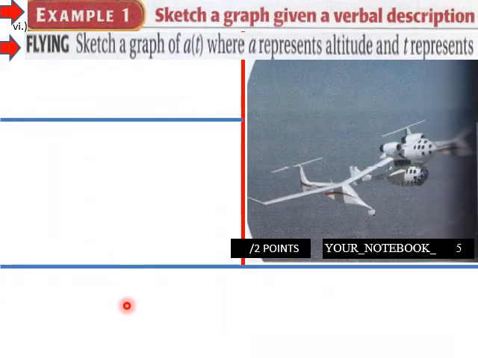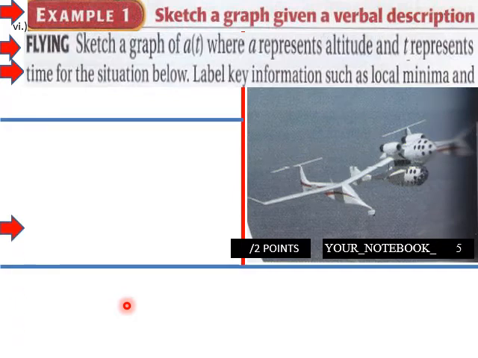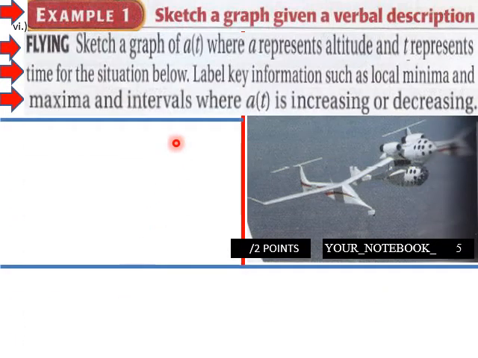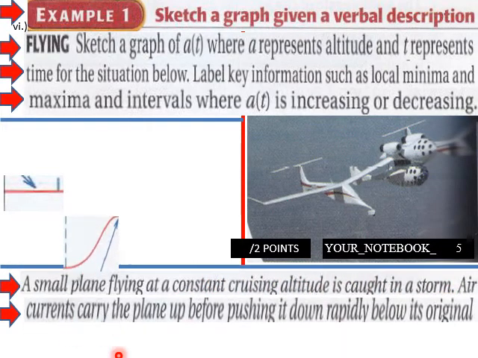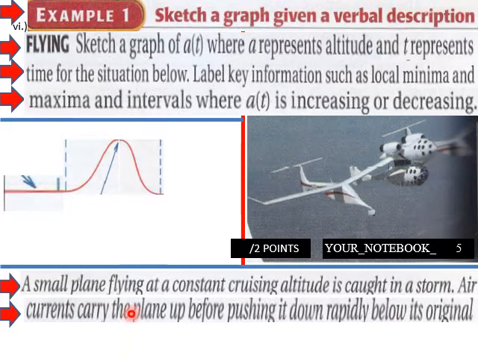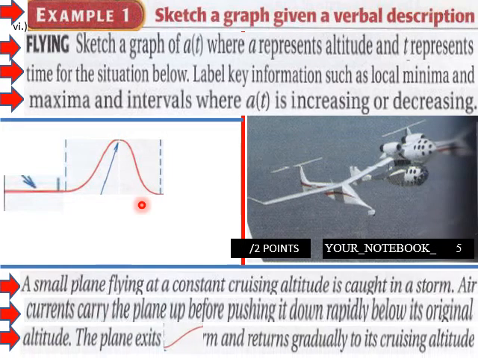Sketch a graph given a verbal description. So we have a situation where A represents altitude and T represents time. A small plane flying at a constant cruising altitude is caught in a storm. Air currents carry the plane up, so it goes up with the storm before pushing it down rapidly below its original altitude.